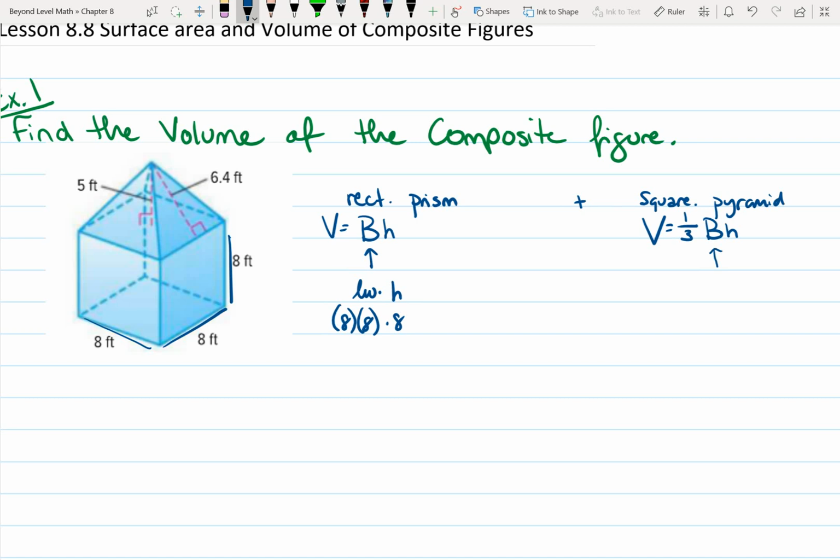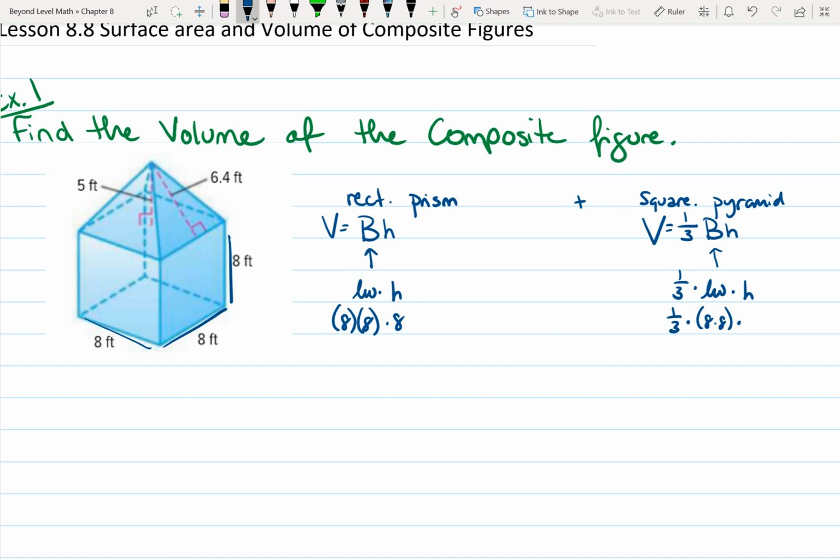Area of the base, since it's a square, it's length times width times height times 1/3. So 1/3 times length and width, 8 by 8, times the height of the pyramid. It is not the 6.4, that's the slant height.